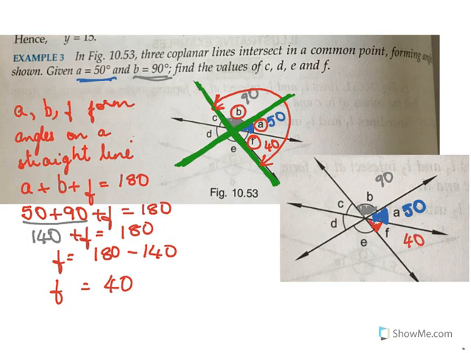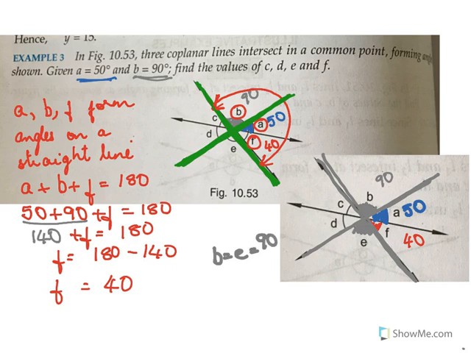Now who will be vertically opposite to B? To find who's vertically opposite to B, we first draw the line here, this line. This is our B. Vertically opposite will be E. So B equals E equals 90.